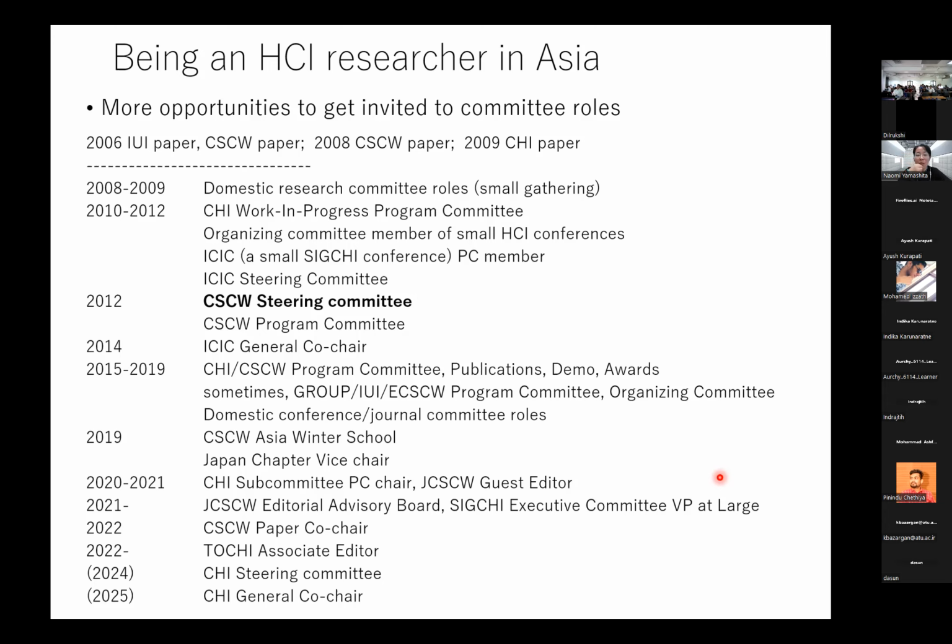Especially when you're younger, it's difficult to find collaborators. But it also means there are more opportunities to get invited to important committee roles. Here are some of the main committee roles that I've engaged in.